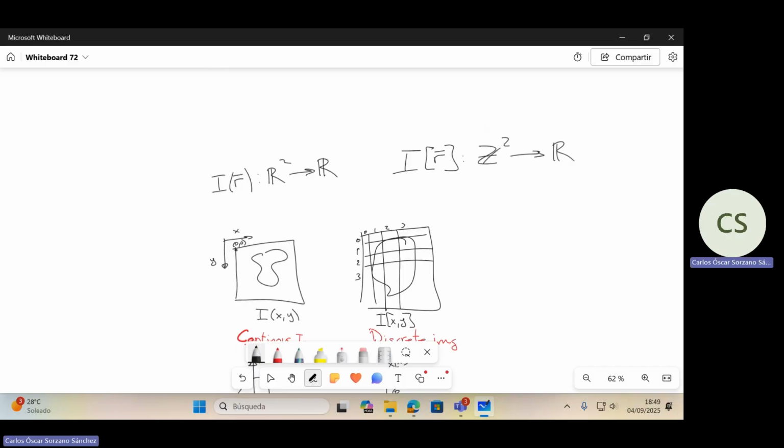Try to be consistent with the use of square brackets. If I'm not, tell me, but I will also try to be consistent with that.